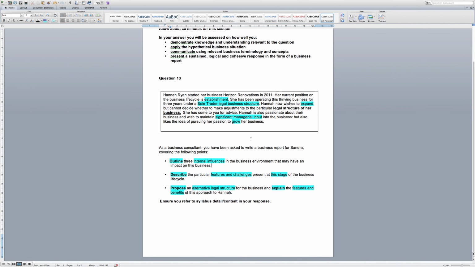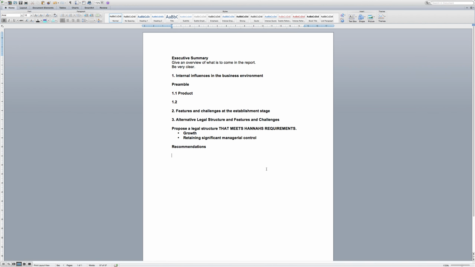But it's very important to understand here that you need to give more than one recommendation. So I'd be giving anywhere between 2 and 4 recommendations, and we want you to be specific. So that's my response. That's the way I would attack this. Remember, you need to be very clear with your response. These are the sorts of headings you want. I hope this makes sense, and good luck in the exam.